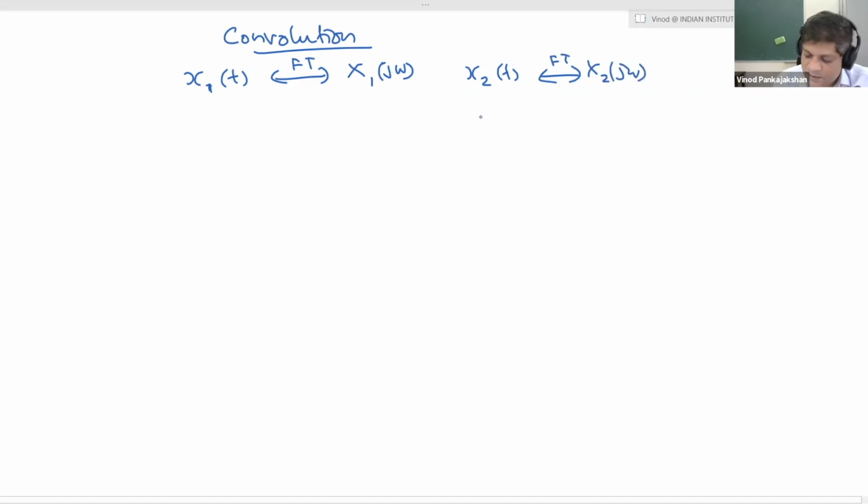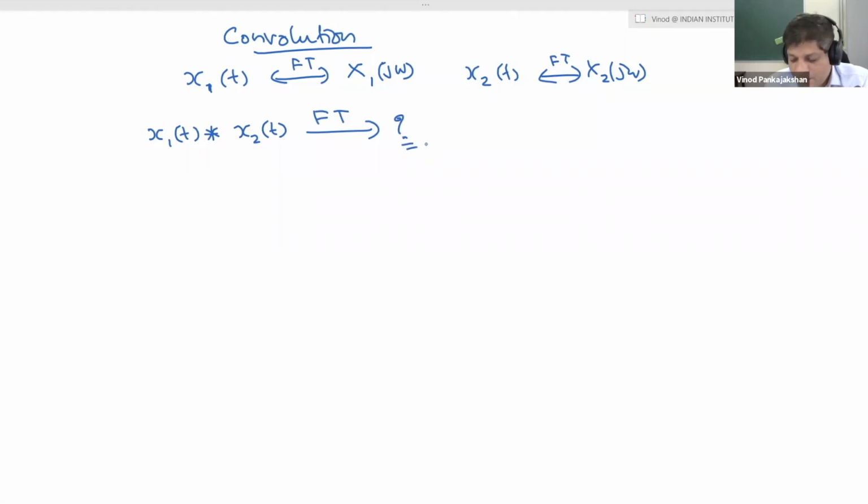Now, if you convolve these two signals, what is the Fourier transform of the convolution of x1t and x2t? Okay. How to find the Fourier transform of this? What is the expression for that?